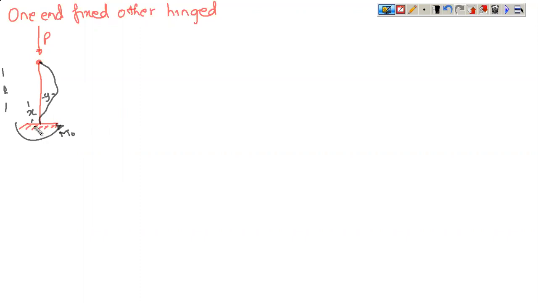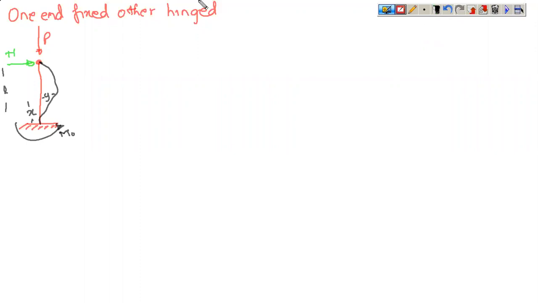So as you know that this is a fixed support, it will carry some moment of magnitude, let us say m or m naught, and this does not have a cause which is leading to the production of this moment. So what we do is we try to find a source for it. So to find a source, let us apply a horizontal force of magnitude h.